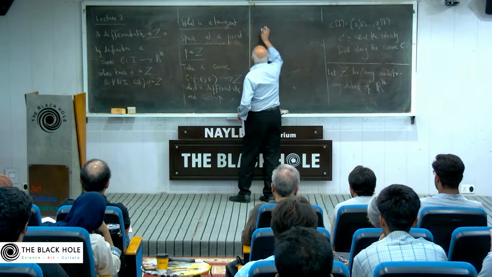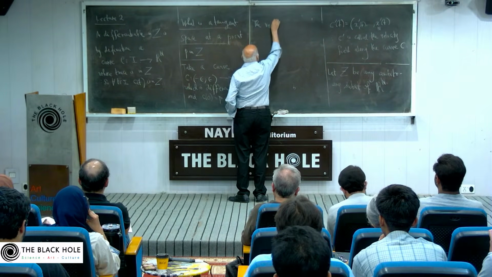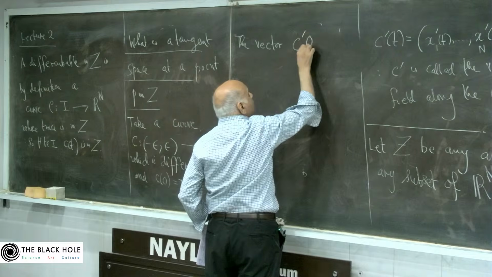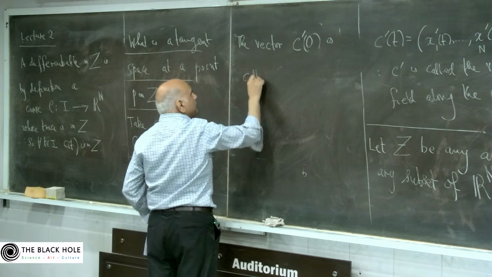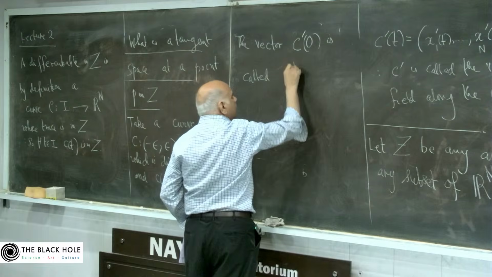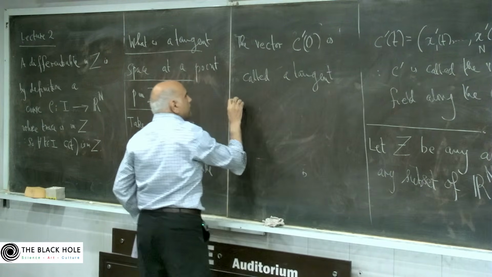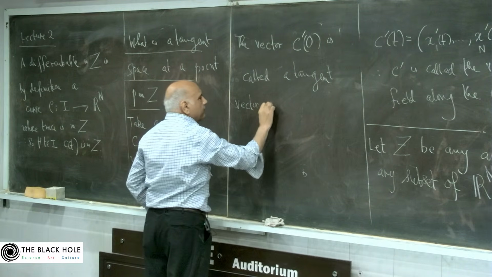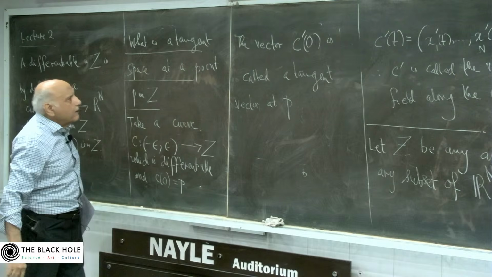The vector C prime of 0 is called a tangent vector. I'll show you in pictures in a minute.